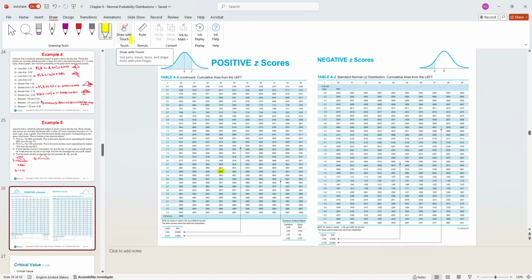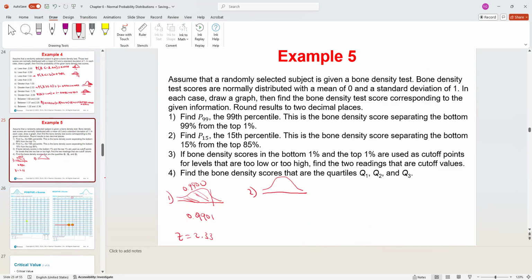You see, 0.15 is either this one or that one. So it's 0.1515 or 0.1492. I think in this case it's better we go with 0.1492, because 0.1515 is further away. So that corresponds to 1.04, so negative 1.04. If you have 15% as a probability, the z is negative 1.04.